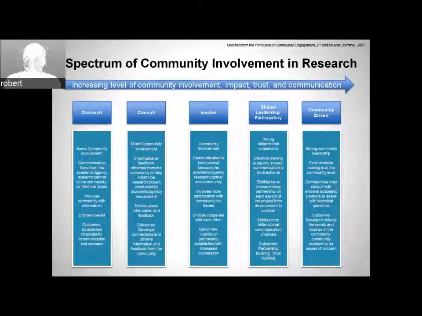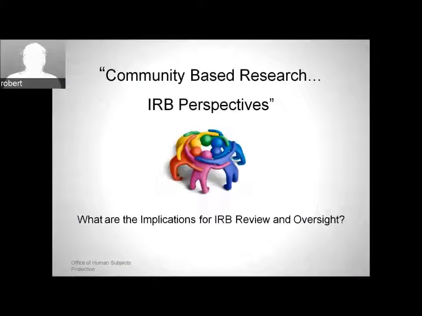And so the research really totally reflects the needs and the desires of the community as opposed to a hypothesis solely developed by a researcher. All right, now, what does this mean from an IRB perspective? Well, there are no particular guiding principles from the Institutional Review Board towards community research that isn't already being done towards basic research.